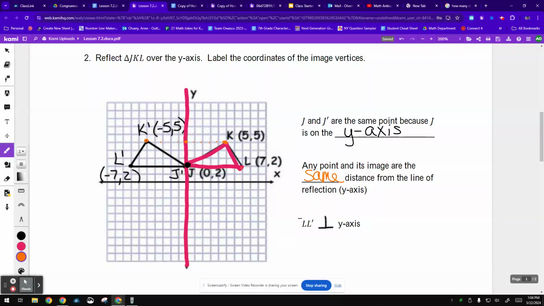Let's take L, 1, 2, 3, 4, 5, 6, 7, to the line of reflection. 1, 2, 3, 4, 5, 6, 7. There's L prime. Okay? This symbol right here means perpendicular. You know what perpendicular means? Makes a right angle.